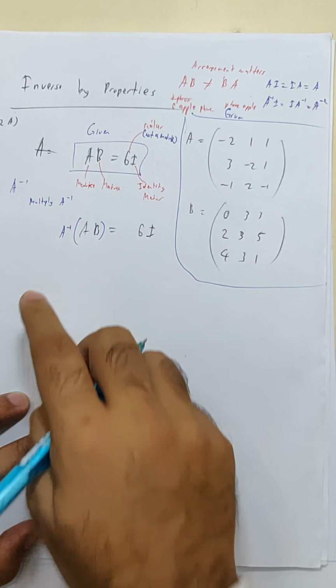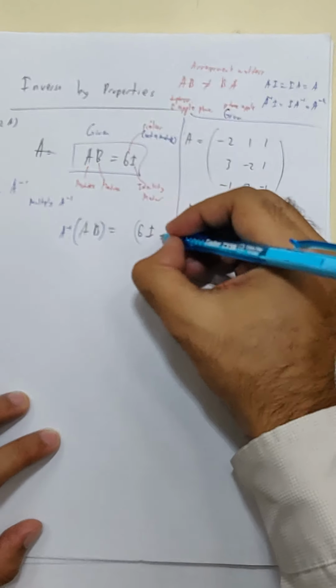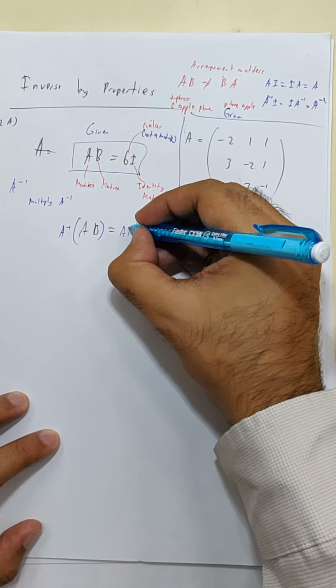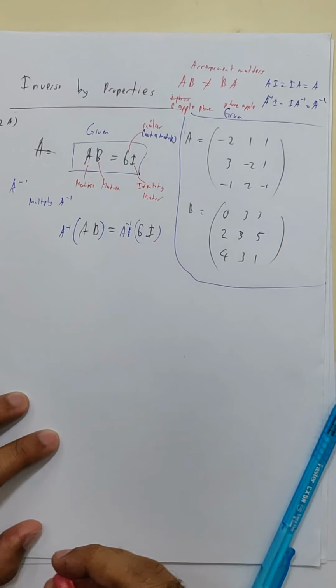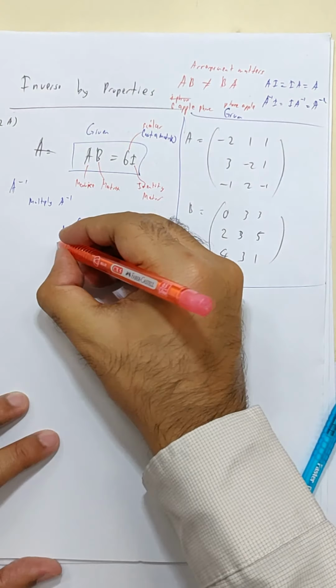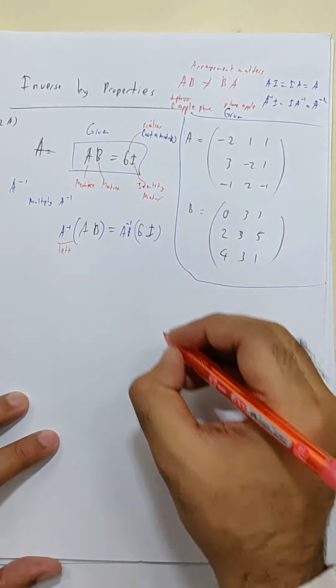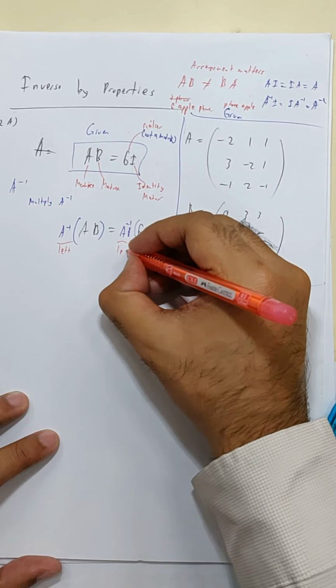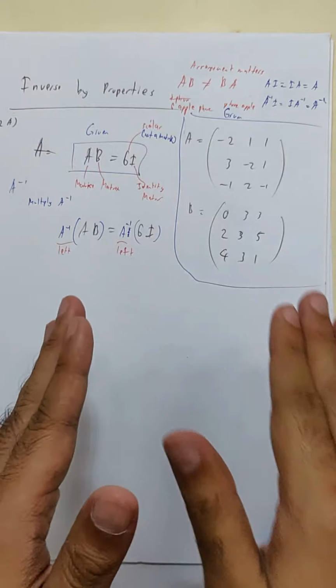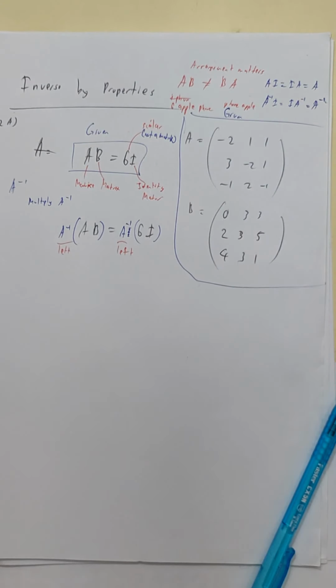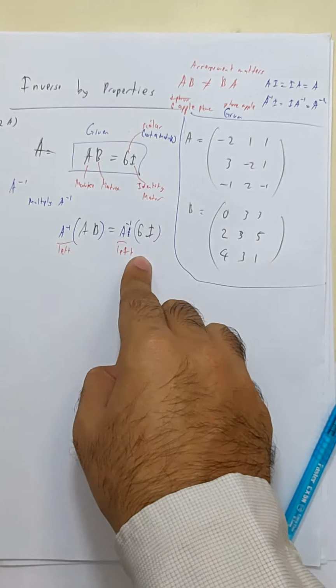Left. So my A inverse should also appear on the left of the right hand side. This one appears on the left, right? So this one also needs to appear on the left. If you put it on the right, sir, for this particular one it's not wrong, but for bigger questions you're going to get mistakes. So let's be on the safe side. Put it on the left. We put it also on the left.